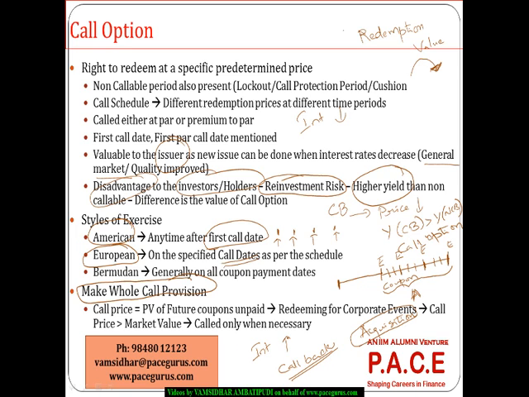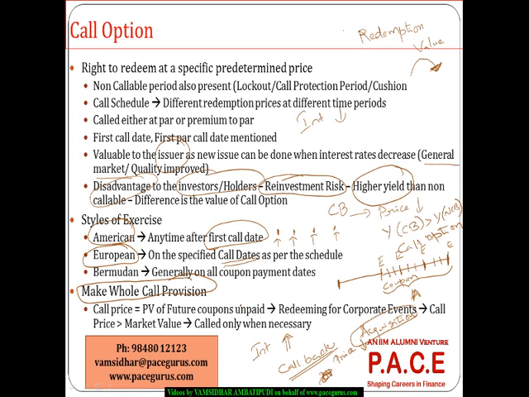So let's assume the scenario where the interest rates are high. When the interest rates are high, normally what we see is the present value or the price of the bond typically goes lesser. When the interest rates are higher, the price of the bond can go lesser.